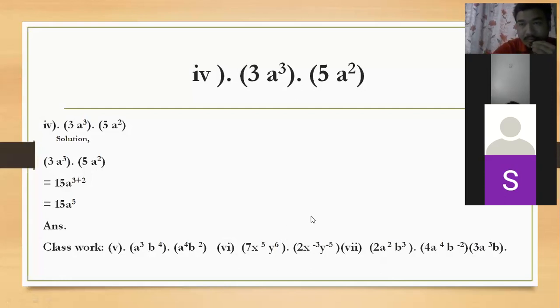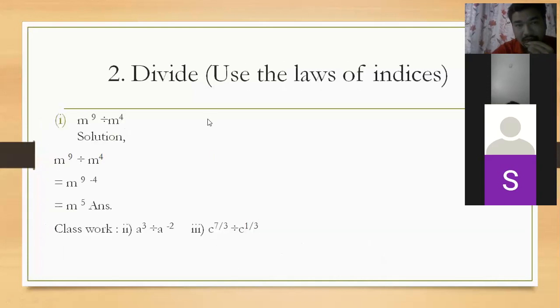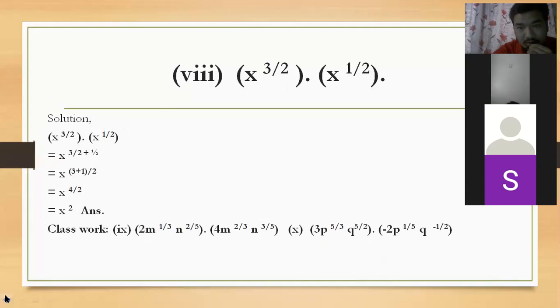Okay, children. Now let's move to the next slide. Look here. This is question number 1 from BII number 8. Here also the base is the same: x to the power 3 by 2 and x to the power 1 by 2.